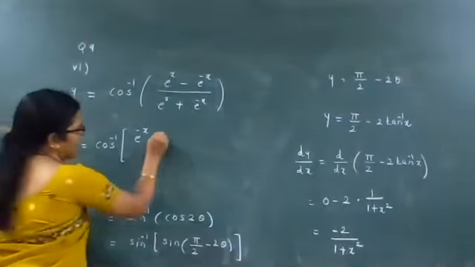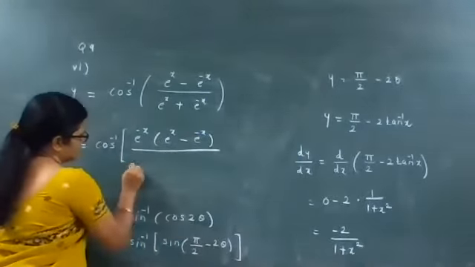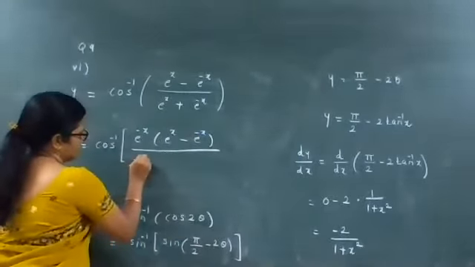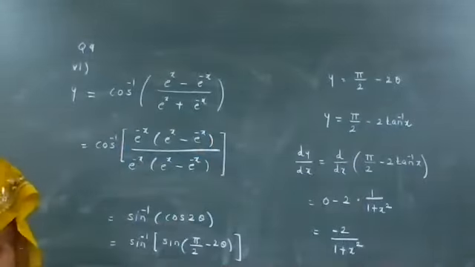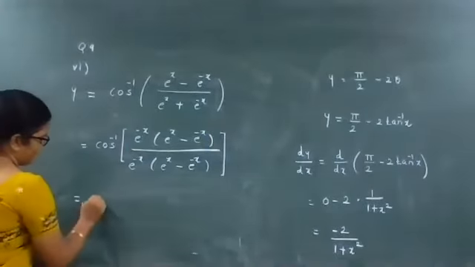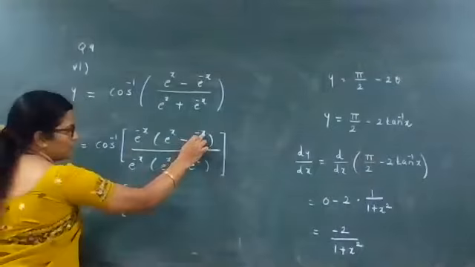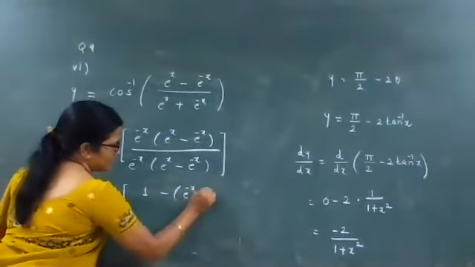I am multiplying by e raised to minus x. Multiply each term by e raised to minus x. E raised to minus x into e raised to x minus e raised to minus x into e raised to minus x, e raised to minus x its square.